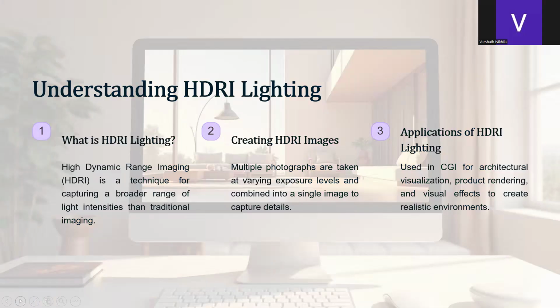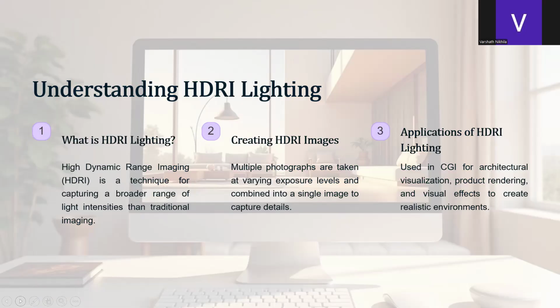And understanding HDRI lighting. HDRI stands for high dynamic range imaging. It is a technique used for capturing a broader range of light intensities than traditional imaging. It means it captures lighting with far greater detail than standard photos.